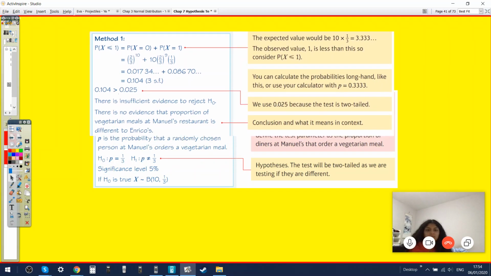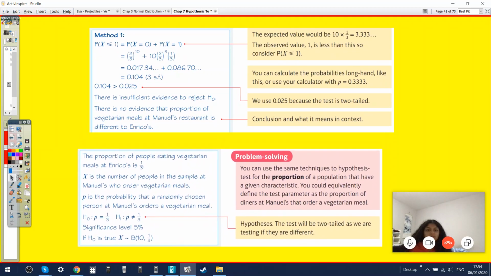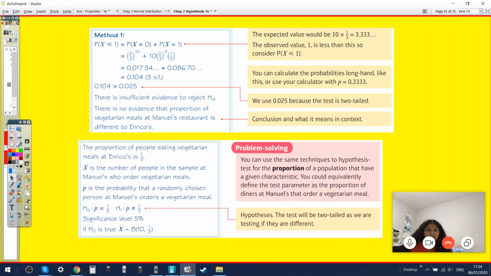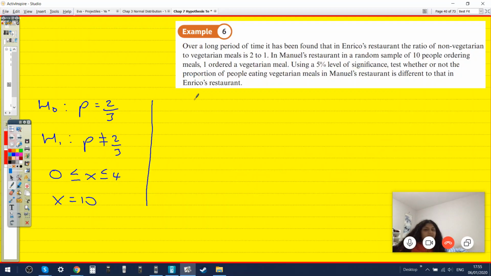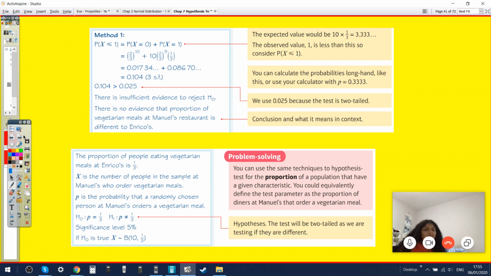Let's see. They're saying there's insufficient evidence to reject the null hypothesis. Yeah, I did the probability wrong. I did the hypothesis part wrong. It says 1/3, and I did 2/3.